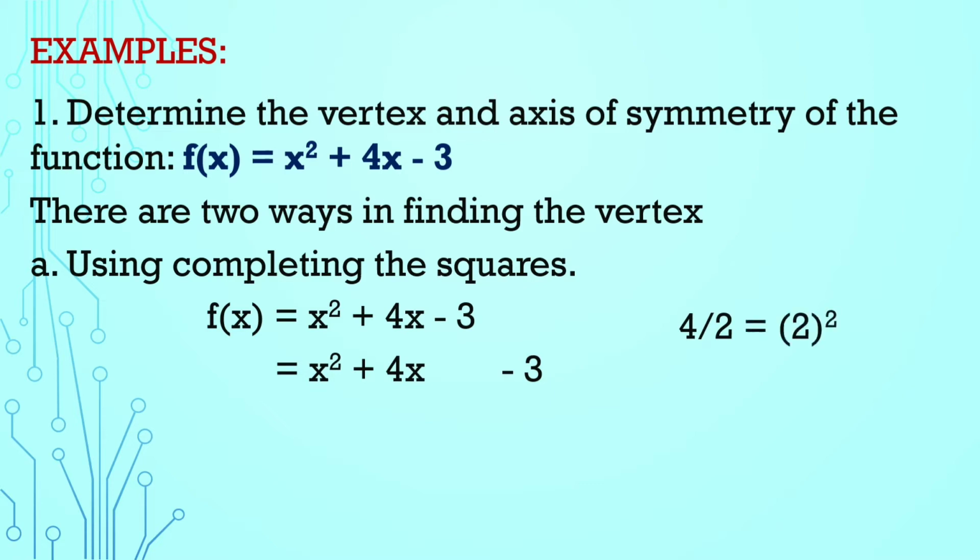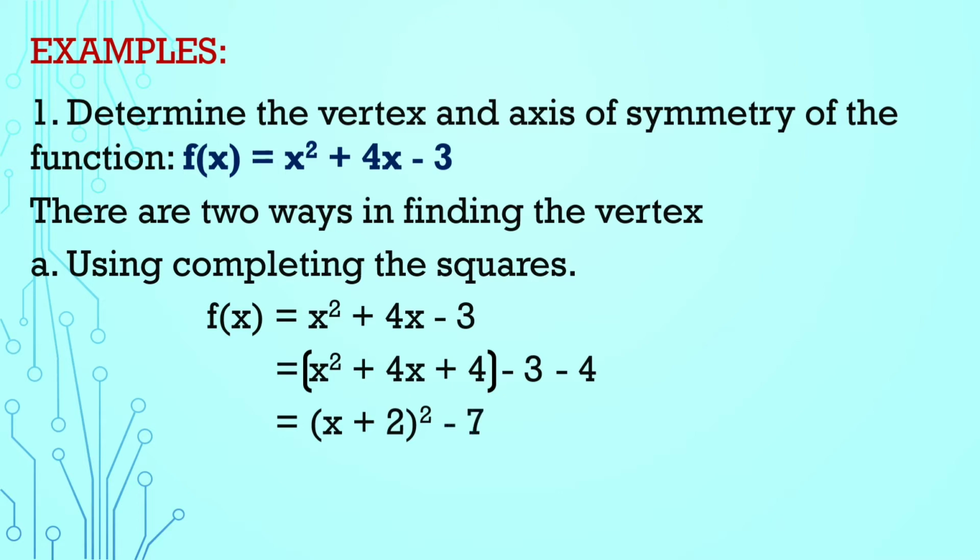So 4 over 2 is equals to 2 raised to 2, which is equals to 4. So yung 4, i-add po natin sa ating given, both sides. So minus po sa kabilang side. And then i-factor po natin sa x squared plus 4x plus 4. So we have quantity x plus 2 raised to 2. Then negative 3 minus 4 is negative 7.